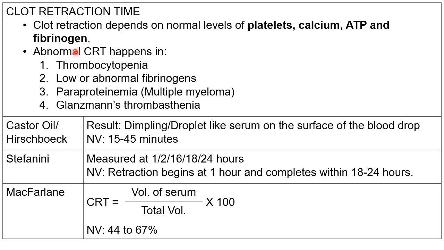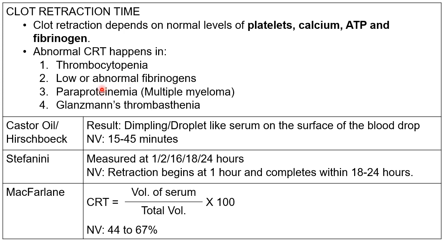So abnormal CRT would happen in number 1, thrombocytopenia, no? Low and abnormal fibrinogens. Ano ba ang tawag sa abnormal fibrinogens? Yung mga dysfibrinogenemia, okay? Ito yung mga nagko-cause naman ng thrombotic episode, no? Dysfibrinogenemia.